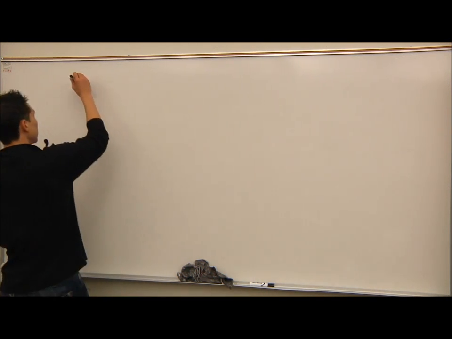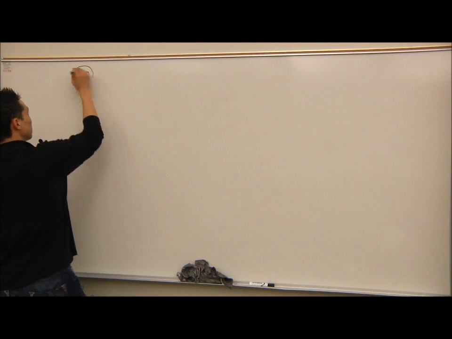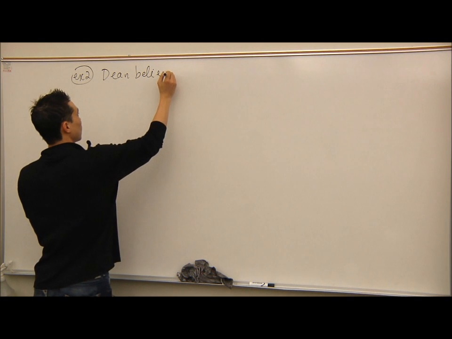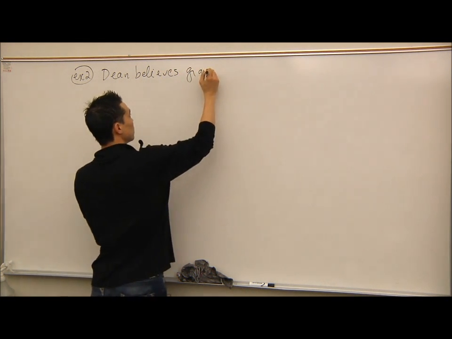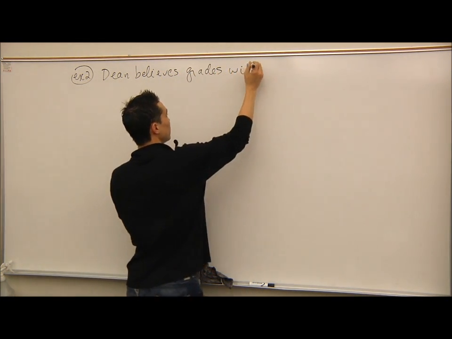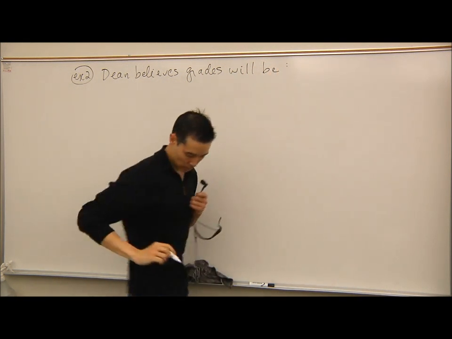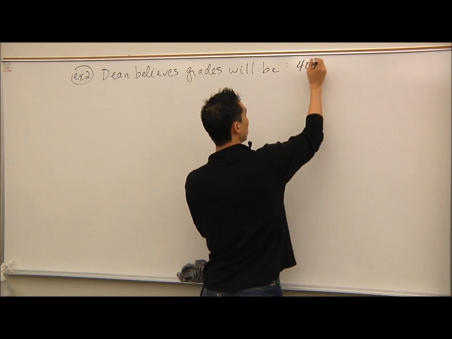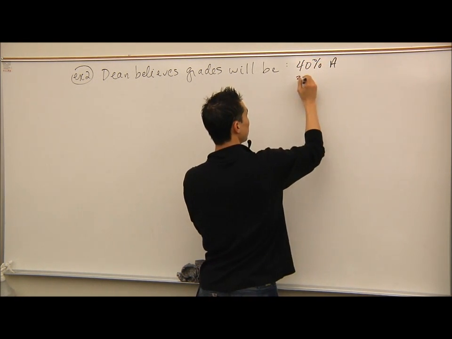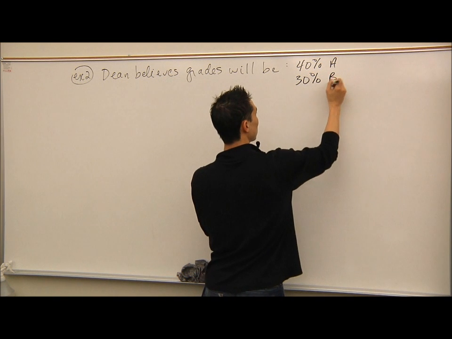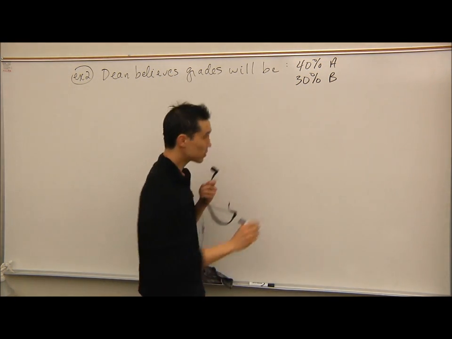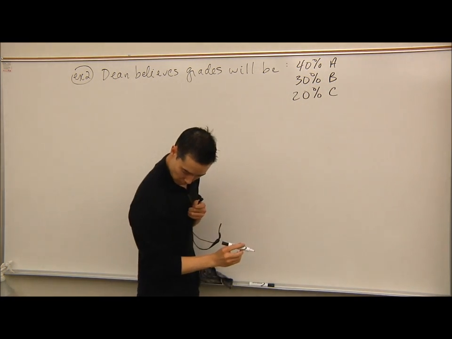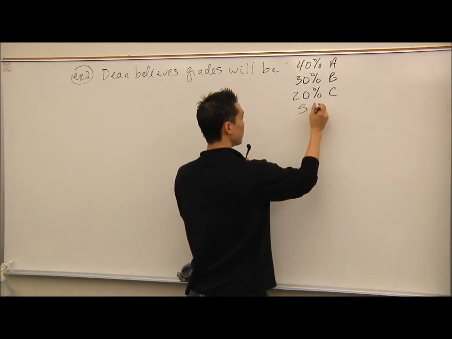Okay, so let's take a look at this one. Example 2. The dean believes grades will be 40% A's, 30% B's, 20% C's, and 5% F's, 5% D's.